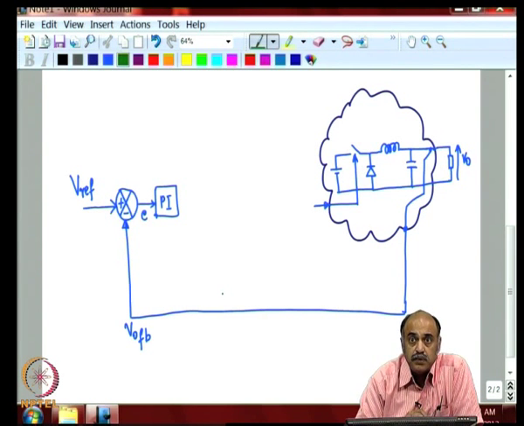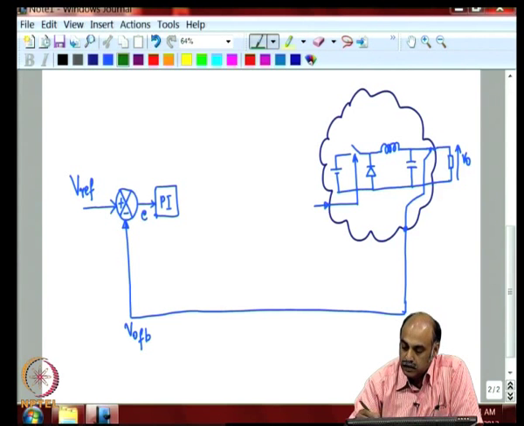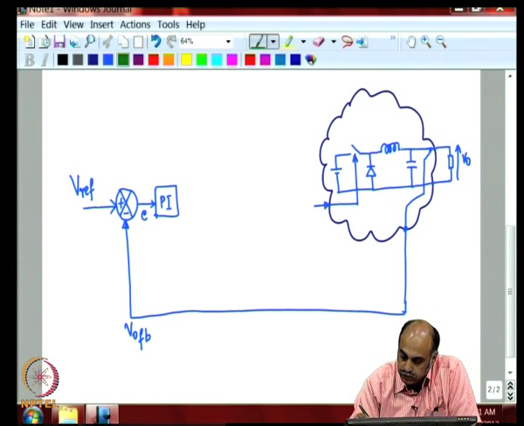For this we need to do one more measurement. We need to measure the current, and let us say we want to control the inductor current. So, let us measure the current which is flowing through the inductor.